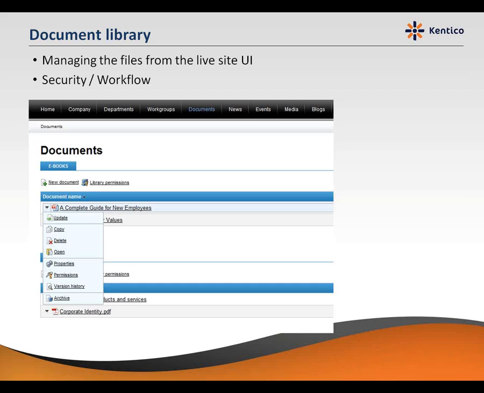Document library is different. Document library is targeted to the files, to the documents as files, like Word documents, PowerPoint presentations, things like that. And it provides you complete control over the files, including the security.